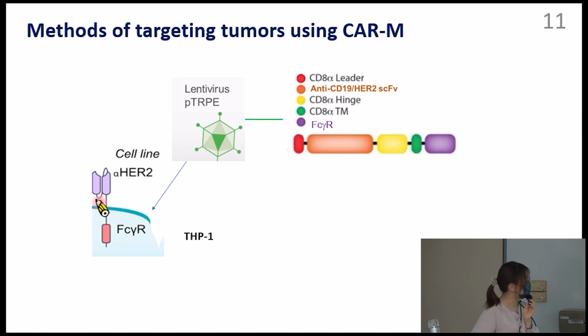If this scFv domain is anti-HER2, it means it can recognize tumor cells expressing HER2 on the surface. And if this one is anti-CD19, it means it can target leukemia and some B-cell lymphomas.